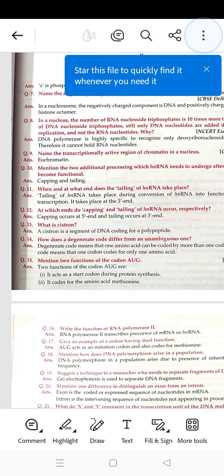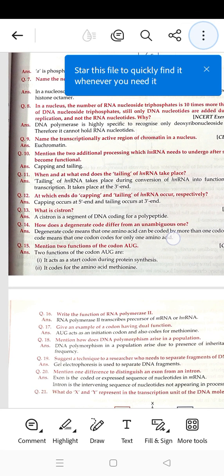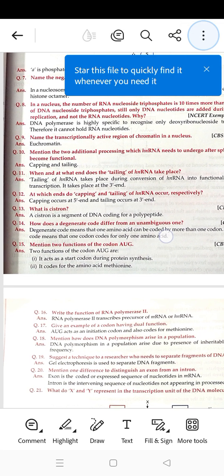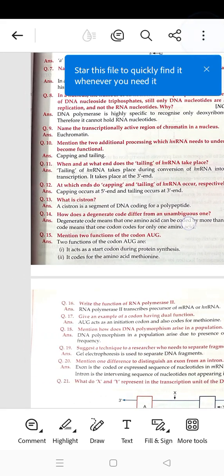Now next, question 11. When and at what end does the tailing of hnRNA take place? The answer is: tailing of hnRNA takes place during conversion of hnRNA into functional mRNA, after transcription, at the 3' end.